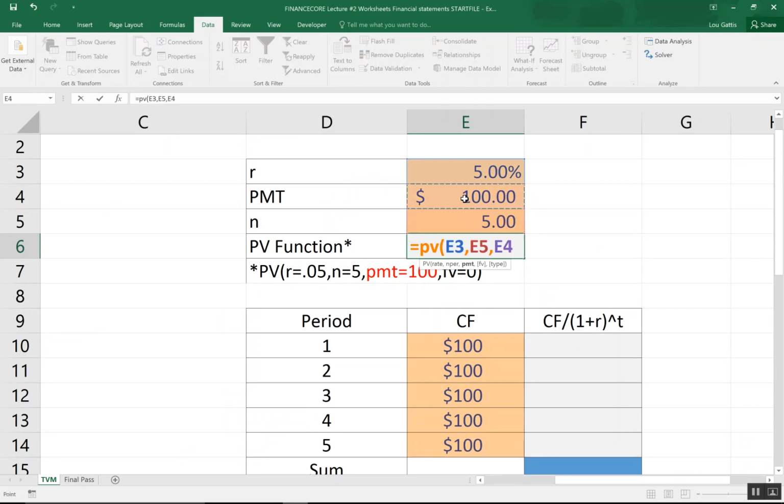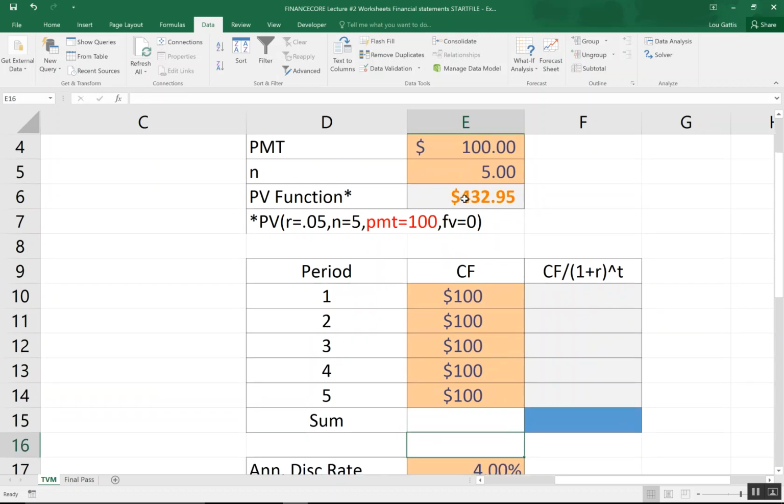So $100, and then we'll just close that off, and it'll give us a present value of $432. So if I paid $432 today, I'd earn exactly a 5% annual rate of return if I receive my 5 cash flows of $100. And if I want to make that a negative or positive, I can just make the cash flows negative, or I could just change the sign of the whole function right here.